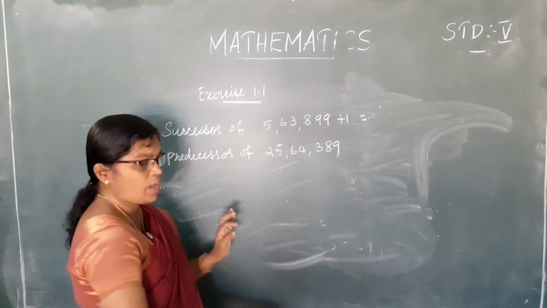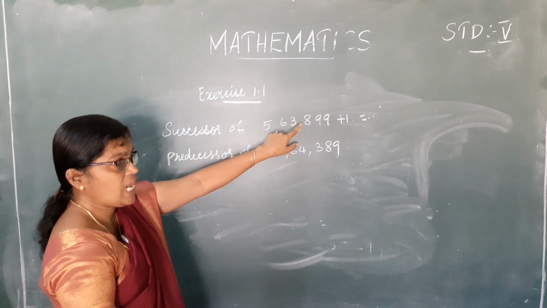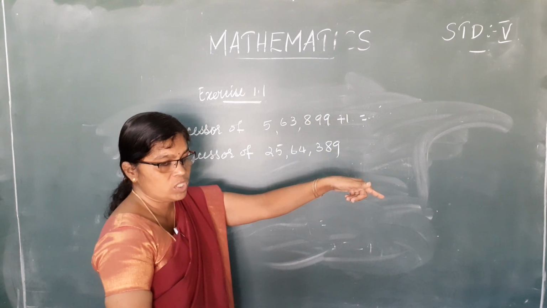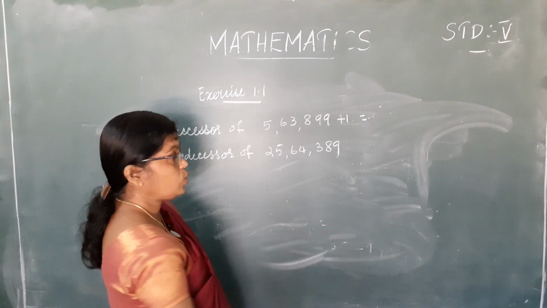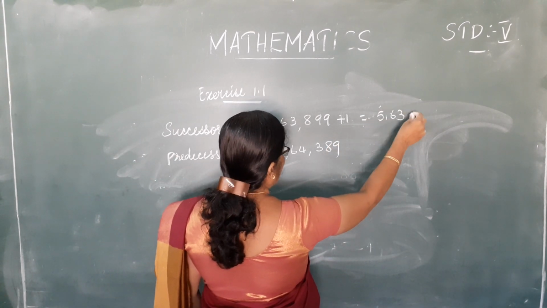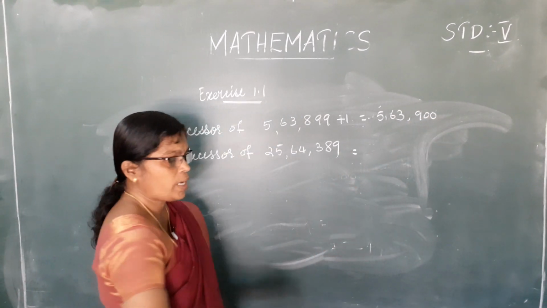To get the successor we add 1. After 899, which number comes? 900. So 5,63,900 is the successor.